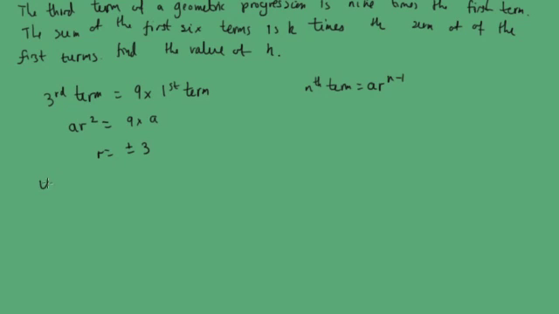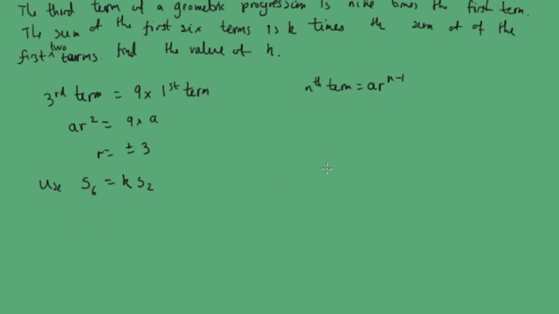Now we're going to use the fact that the sum of the first 6 terms is k times the sum of the first 2 terms. So S6 is k times S2.